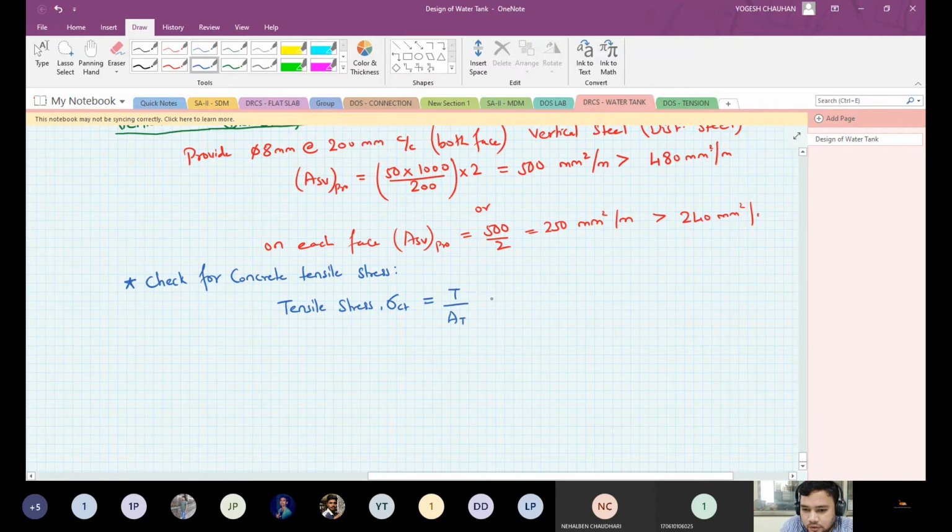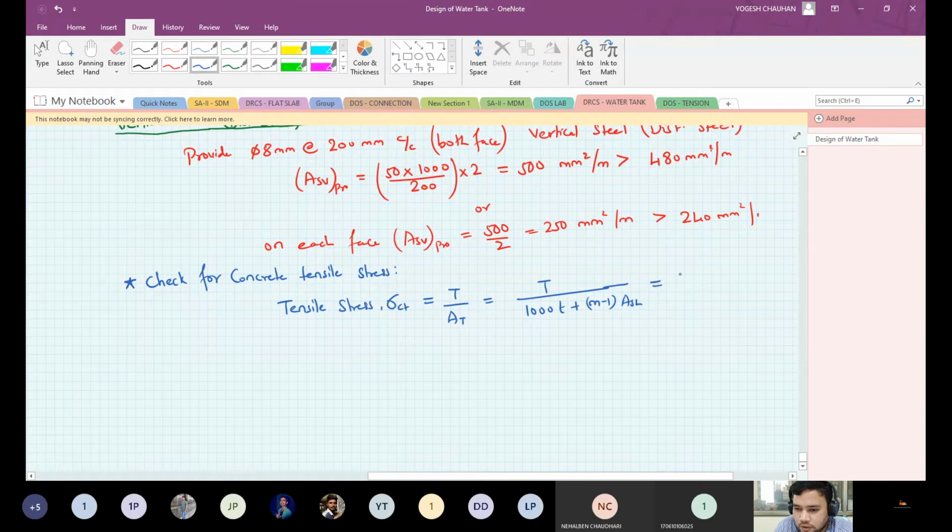transformed area AT. Now the transformed area for the wall of 1 meter width is 1000 into T plus m minus 1 into AST, or here ASH, because the tension is in the hoop.